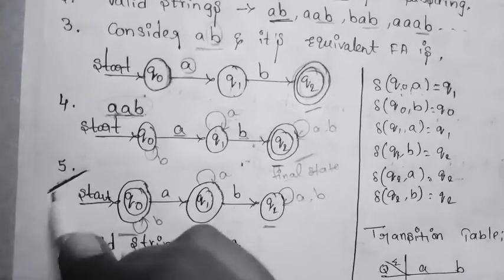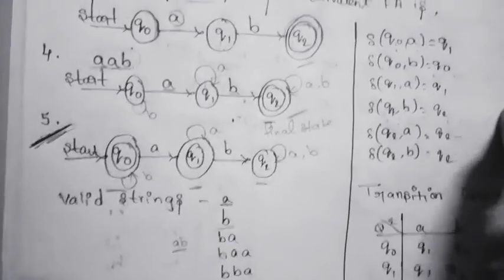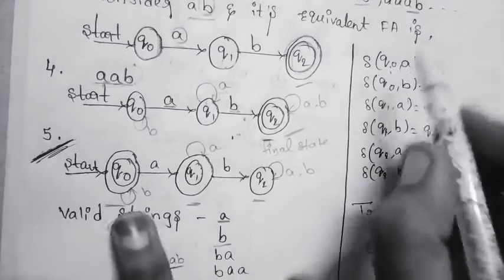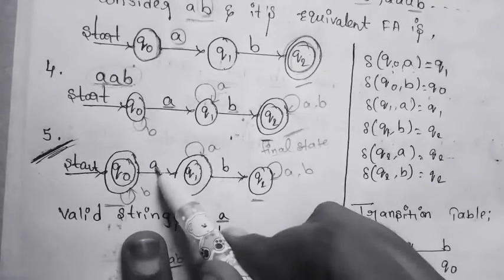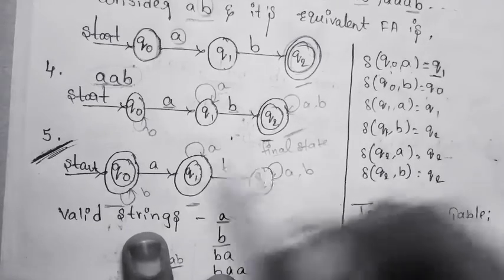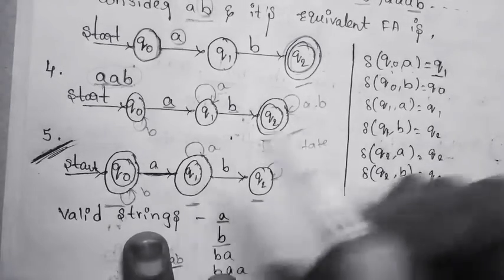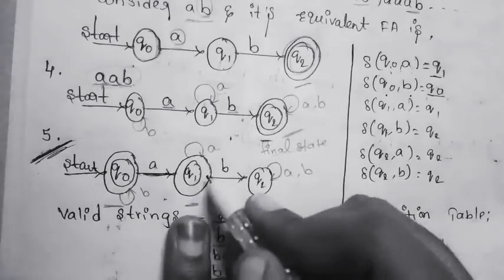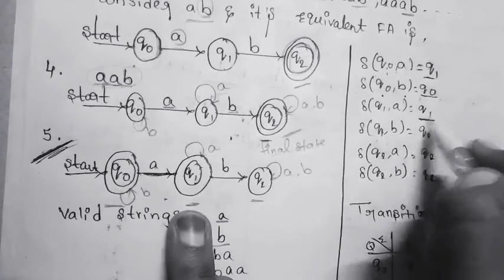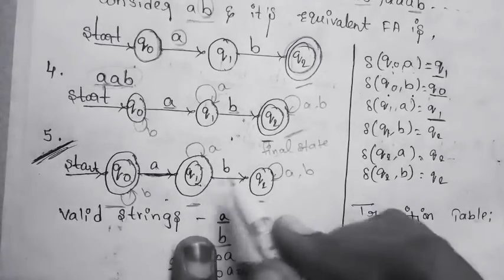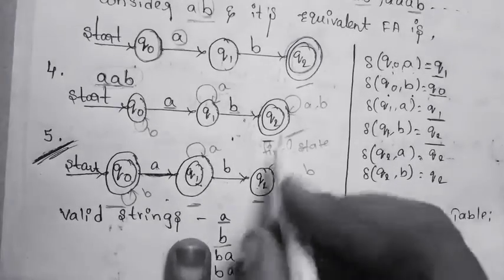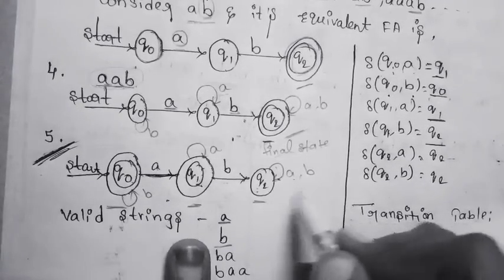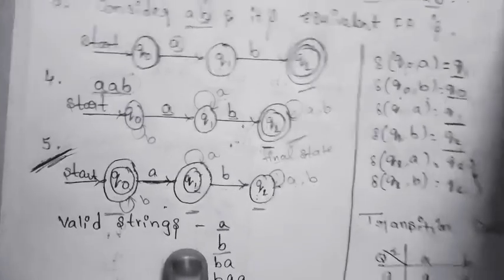See, Q0 of A is Q1. Q0 of B is Q0. Then Q1 of A itself means Q1. Then Q1 of B goes to Q2. Q2 of A and B, these two are self loops, so I wrote them.